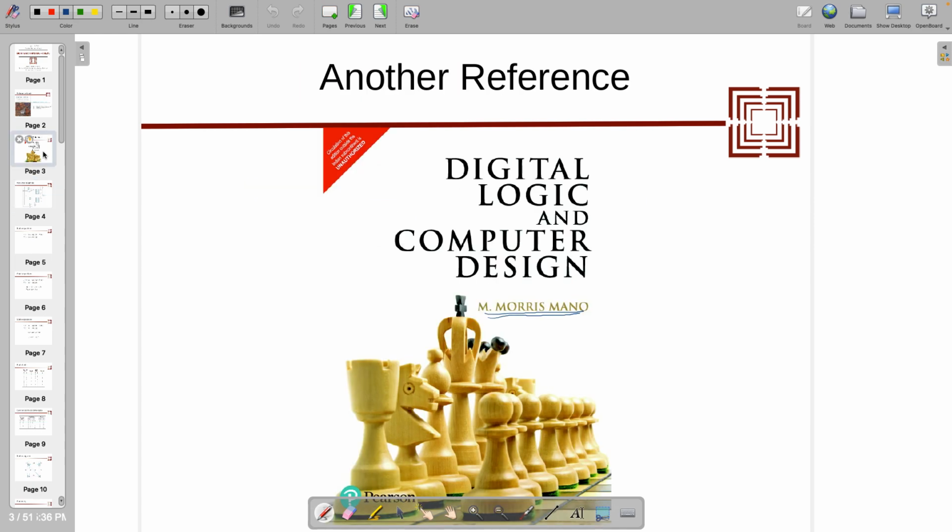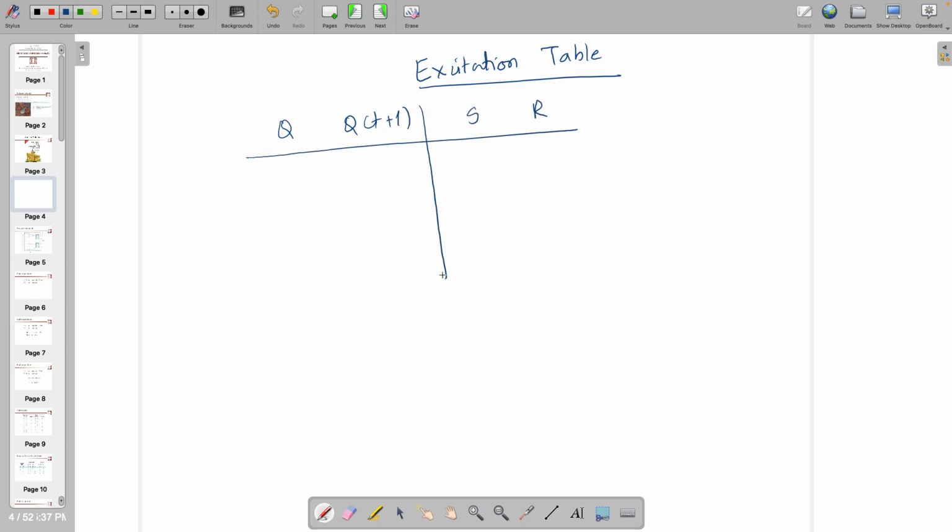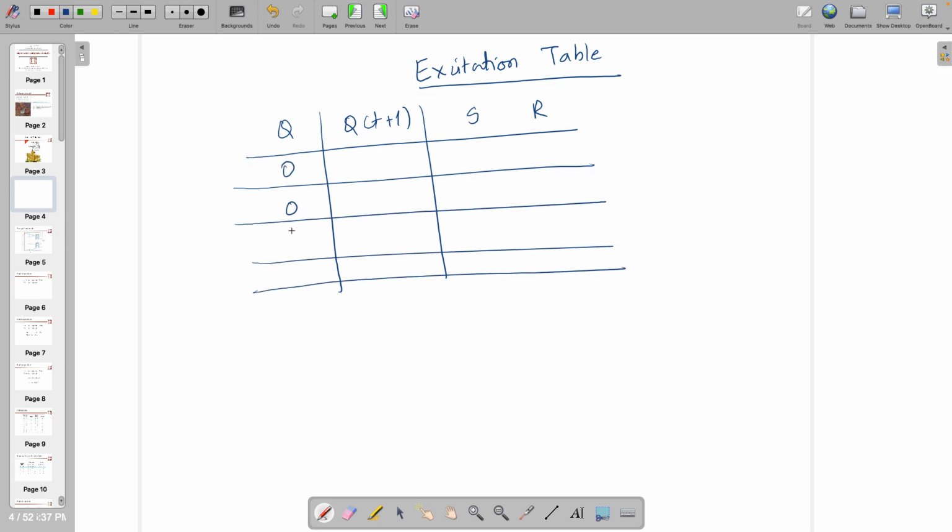Okay, so let's write down the excitation table. Can somebody help me? What was the excitation table for Q(t+1) with set and reset? Look at your notebook and tell me. So 0 0, 1 don't care. 0 1, 0 1.